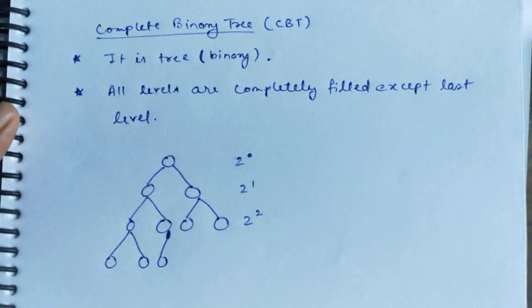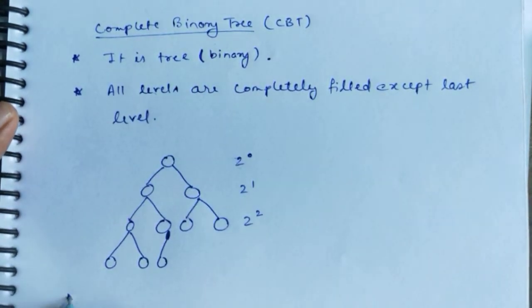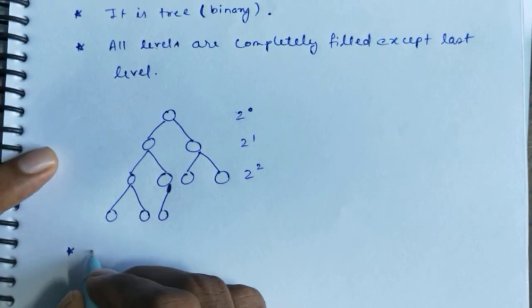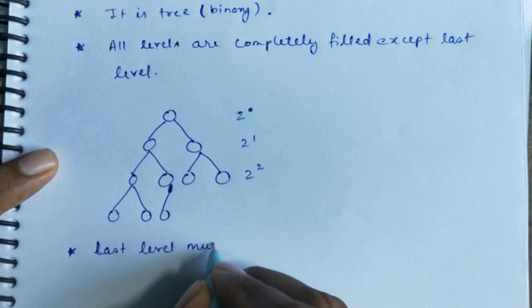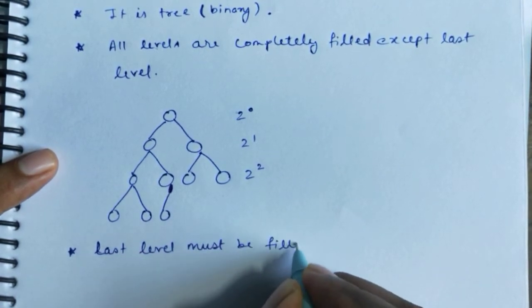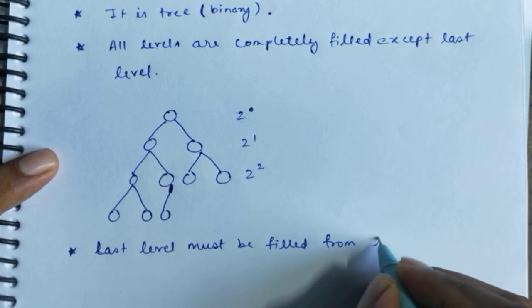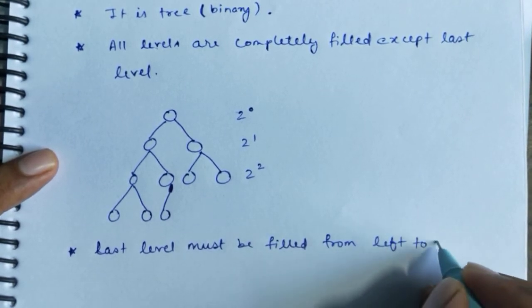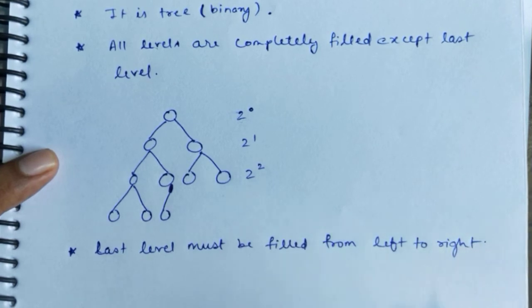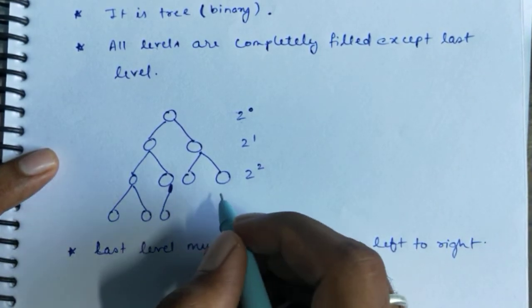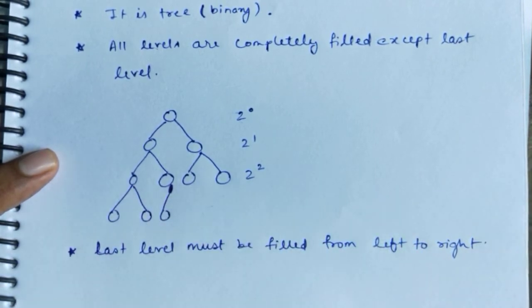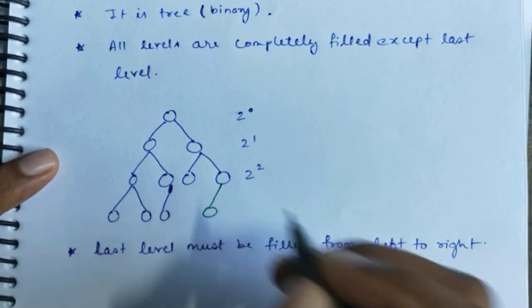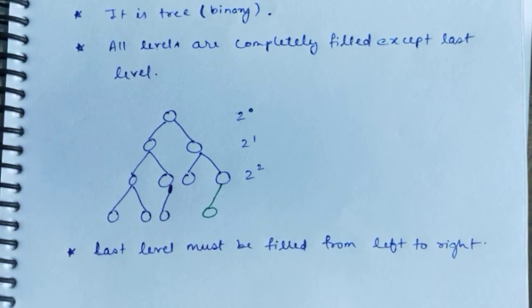So it is a complete binary tree, and there is one more property that I will write here. Last level must be filled from left to right. Now what do I mean by that? It means that if I place a node here, then it will not remain a complete binary tree.